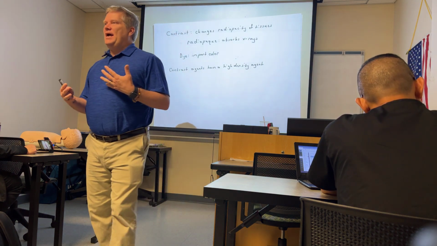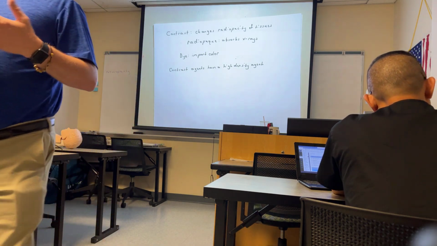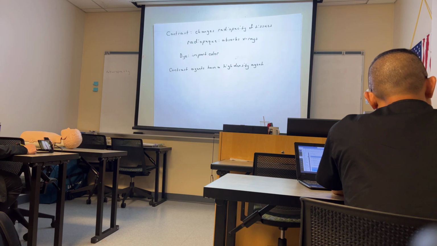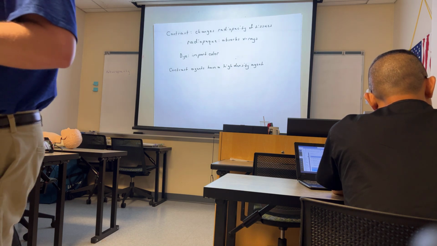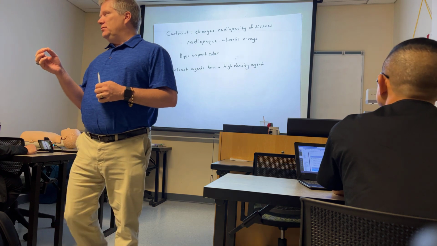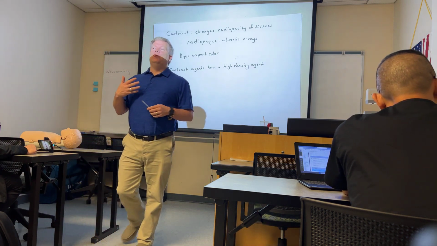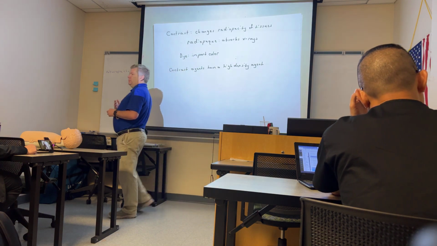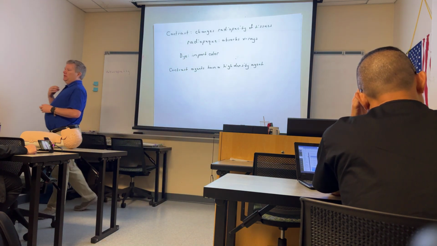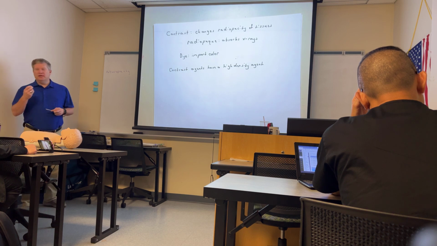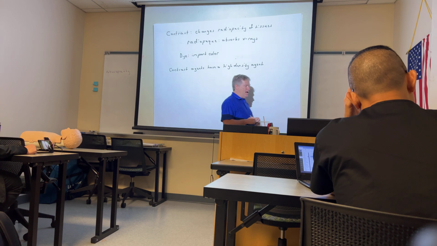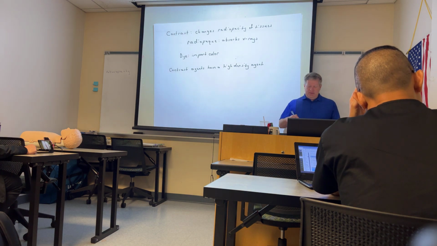The lower density atoms, it's going to blast through. It might Compton scatter, but it's not going to be totally absorbed. High density atoms will cause photoabsorption. Remember, photoabsorption is what we want to have happen to create the image that we see on our screen. So contrast agents have some sort of high density agent inside of them that performs this procedure.